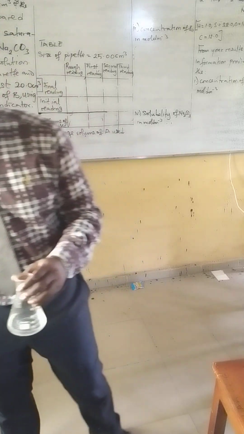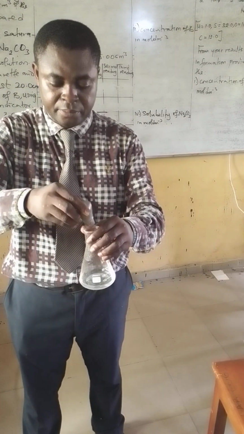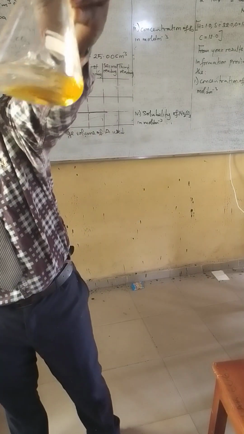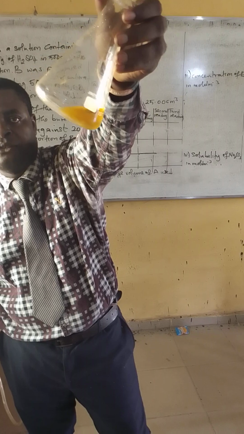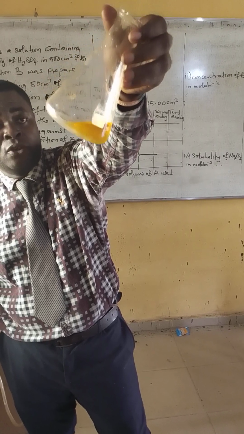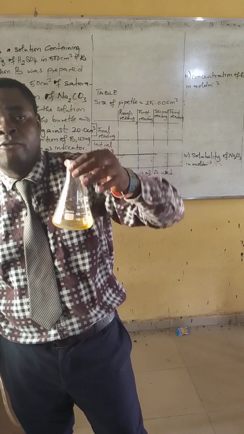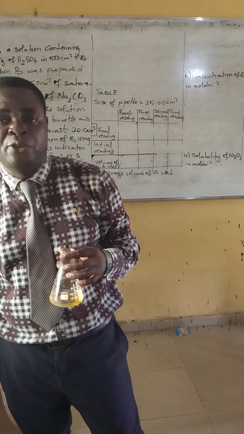Having done that, the next thing to do is to put methyl orange here, about 2 to 3 drops, and you see that the solution has turned yellow. Because sodium trioxocarbonate IV is a hydrolyzing salt. It's a normal salt, but when it dissolves in water, it forms a mixture of trioxocarbonate IV acid, H2CO3, and sodium hydroxide.